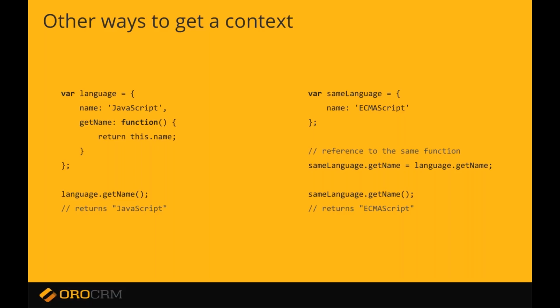If we create another object with the same structure but another name property, and borrow the method from language to assign it, the same method will be executed and will return another value, because now getName is executed in the context of the new object, and name has another value.